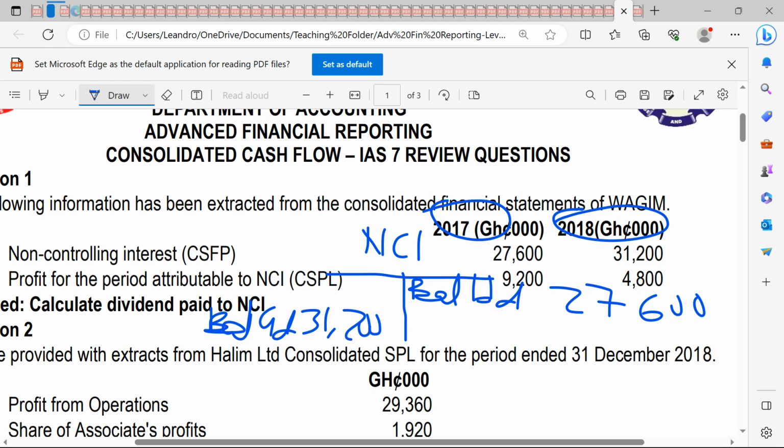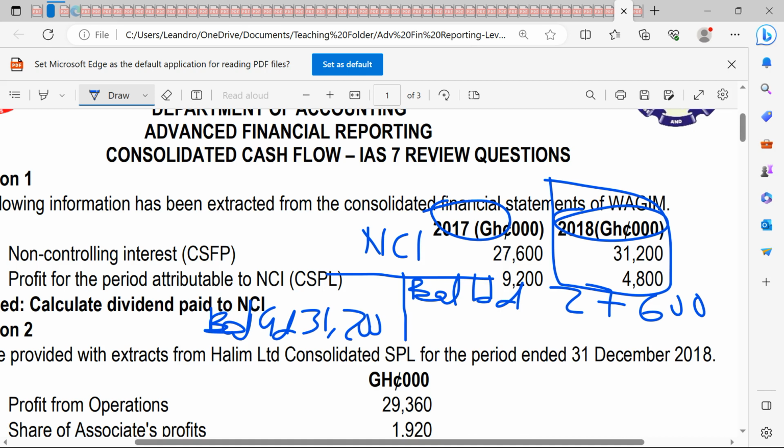Then the profit for the period attributable to NCI from the consolidated statement of profit or loss is the profit for 2018. So that will be the 4,800, and that will increase the NCI balance.